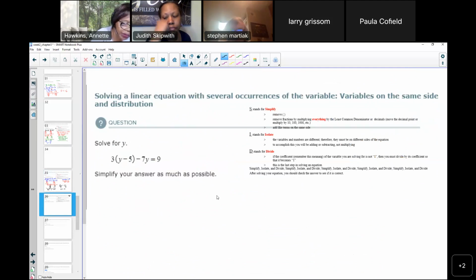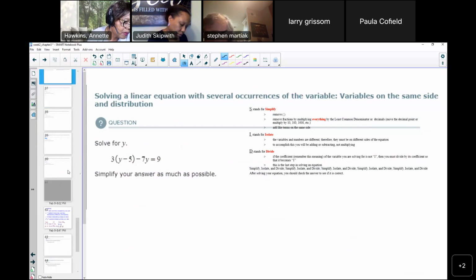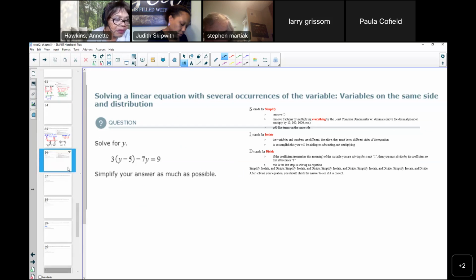Okay, work this one. We got a parenthesis this time. Work this one out. So we have parentheses.